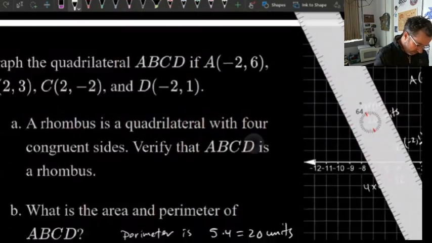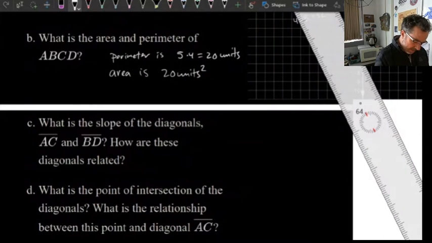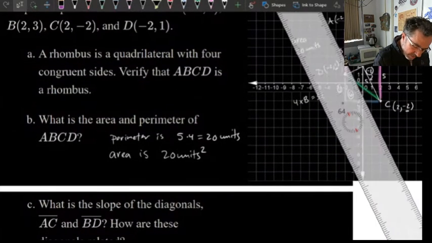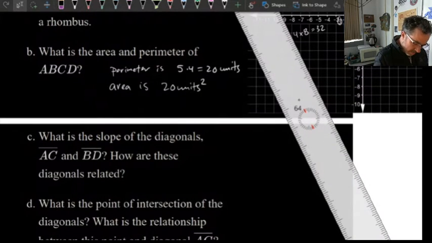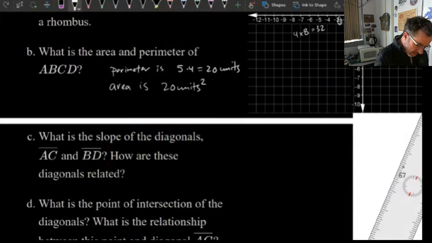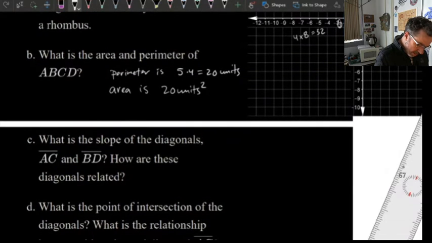Let me write that down. So it says, what is the slope? Okay, so the slopes are, what was one of them? One of them was -2, and the other one was +1/2. So AC had a slope of, read it, Roberts, -2, and the other one had a slope of +1/2.